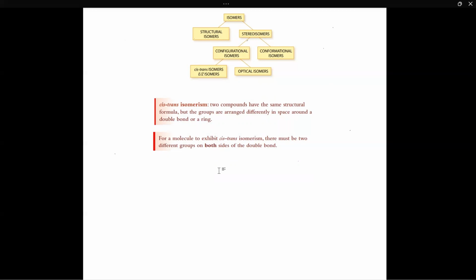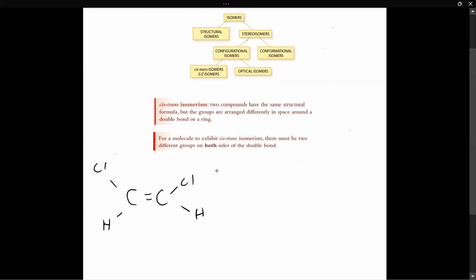Well, let's take a look at it. I'm going to draw a comparison. So here we have a compound, this is dichloroethene. And over here, I'm going to draw dichloroethane.